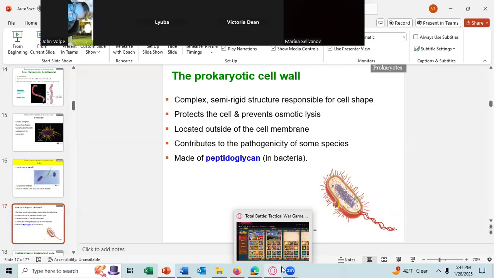The cell wall is actually the dividing part of the cell, between the cell membrane and the outside of the cell.